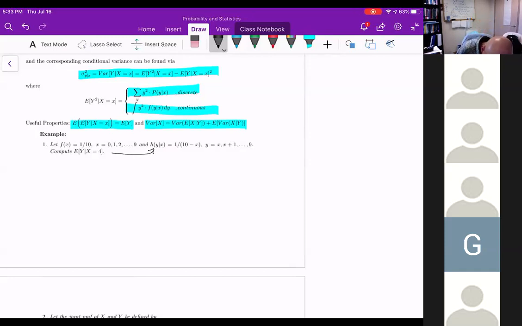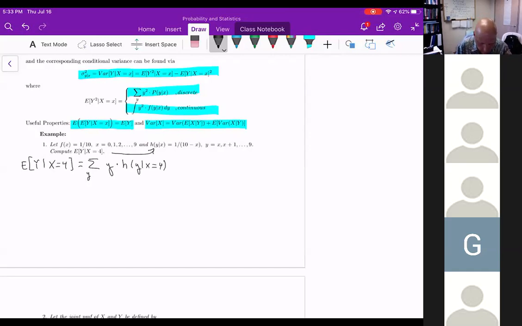So the expected value of y given that x is 4, and this is a discrete distribution, which means this is going to be the sum of y, where y is being multiplied by h of y given that x is 4. And that's because, again, we're conditioning on x being 4.